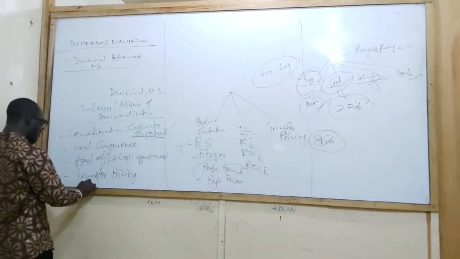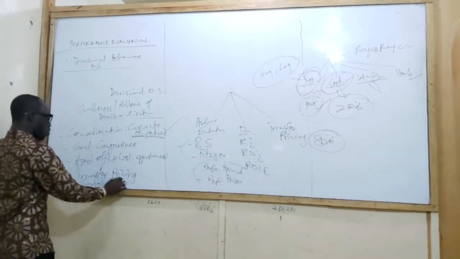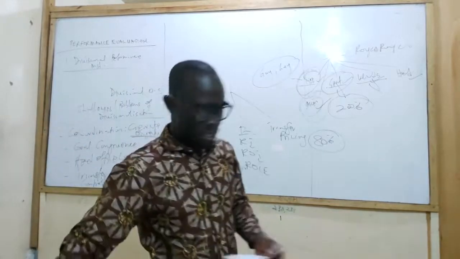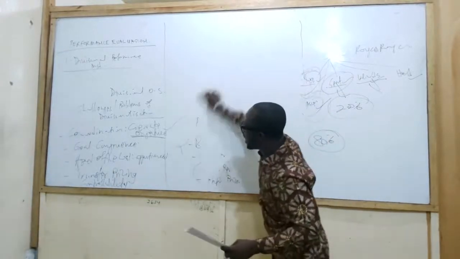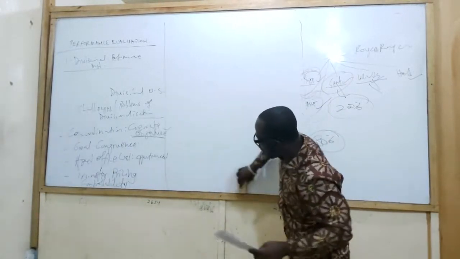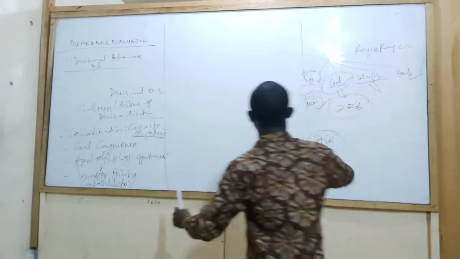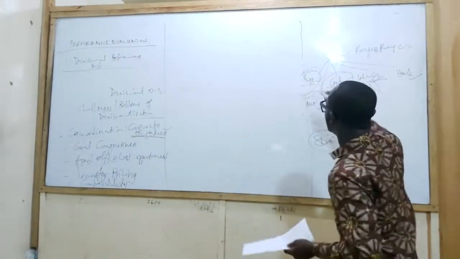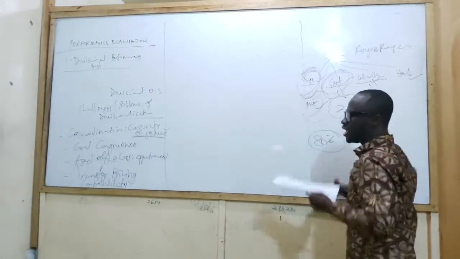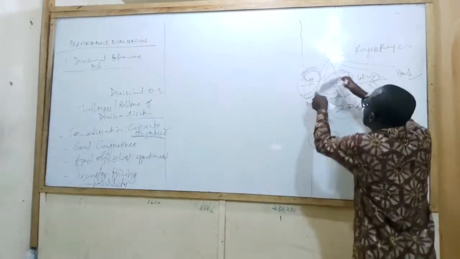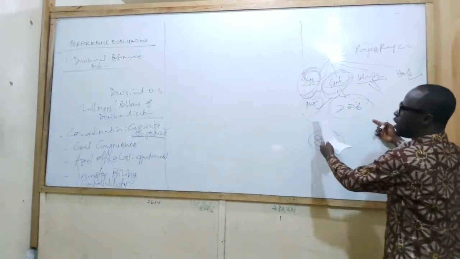Then, controllability. Now, immediately an entity segregates its operation into various divisions, it means a manager will be responsible for that division. It then means that each manager of that division would be evaluated.